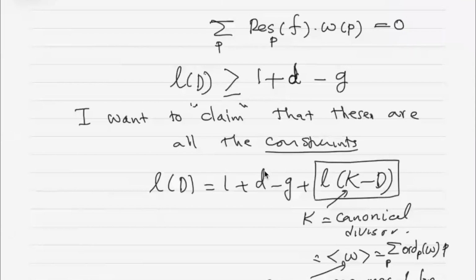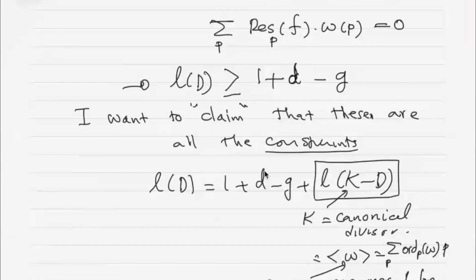Why is it natural to expect the existence of such a term to correct the Riemann-Roch theorem? That's the contribution that Roch made. Riemann only had the inequality on top.